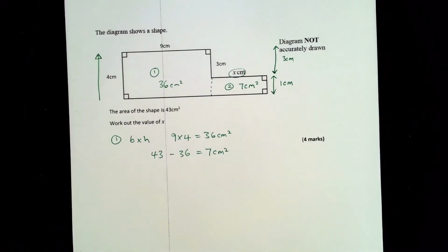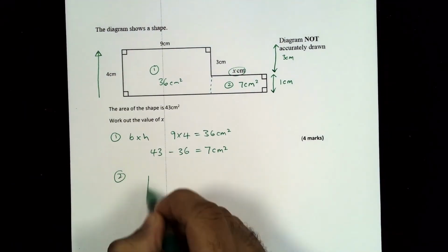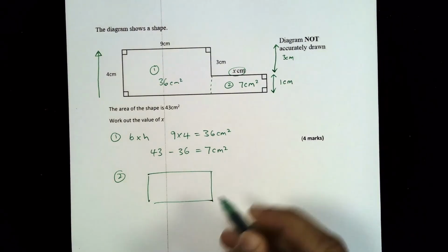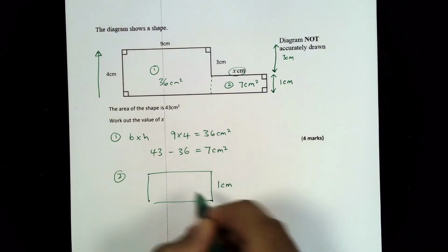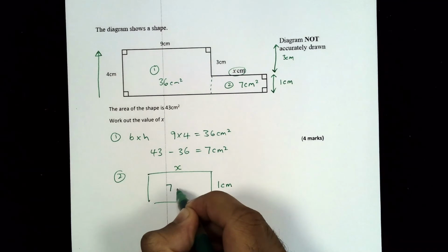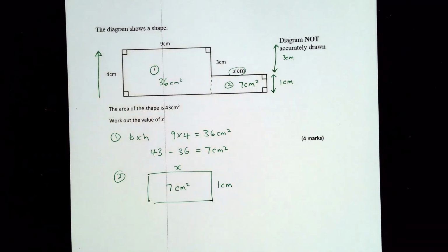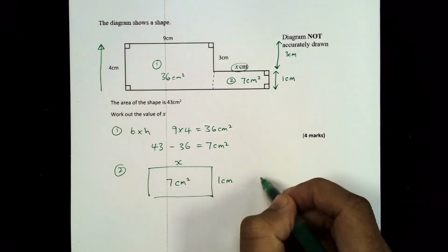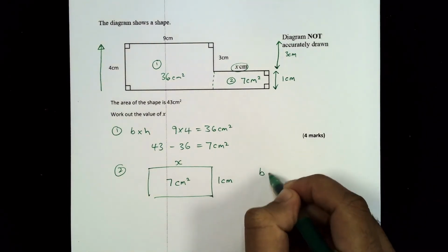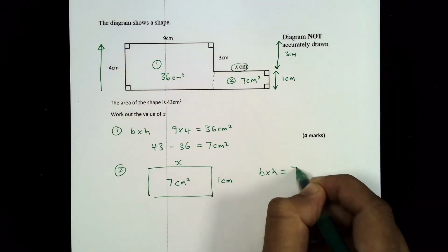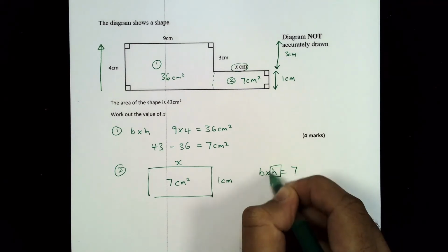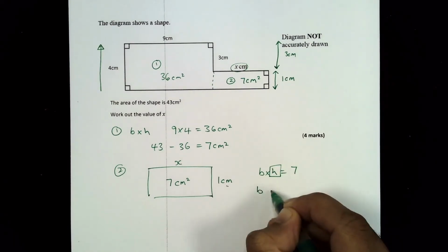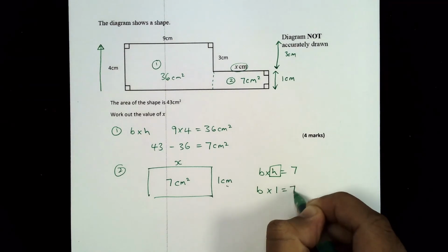So now, thinking about shape number 2, which I'll just sketch out down here, I've got 1 centimeter and I've got x, and I know that the area is 7 centimeters squared. So what you're really asking yourself is, again, it's base times height. Base times height has to equal 7. And I know that the height is 1. So base times 1 equals 7.